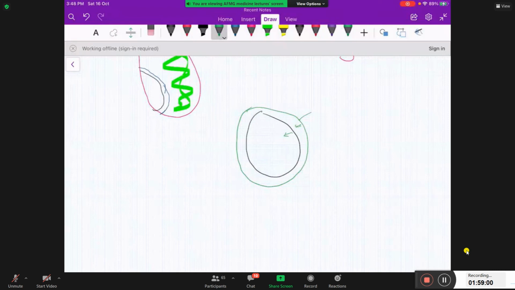Okay, but if by any chance this tunica vaginalis has some problem and absorption of this fluid doesn't happen, while the tunica vaginalis is secreting, it will lead to a collection of fluid around it. This collection of fluid around it is called hydrocele.